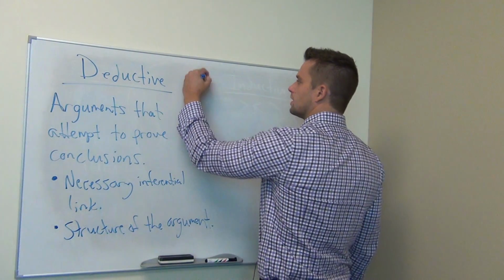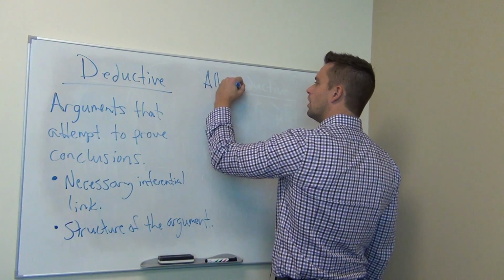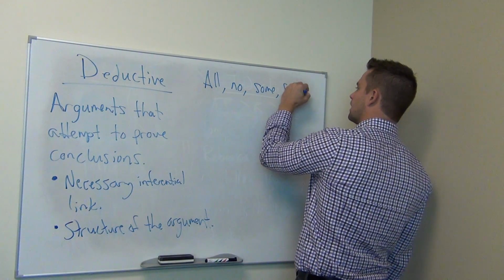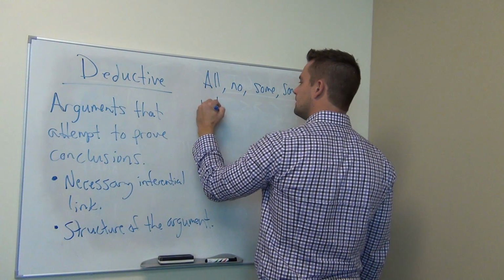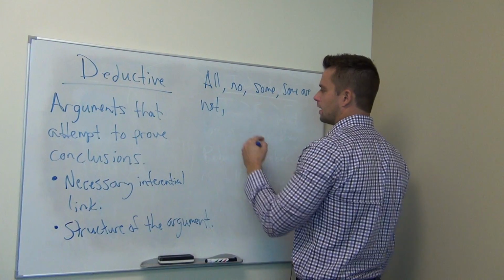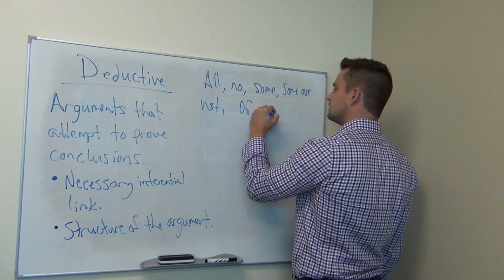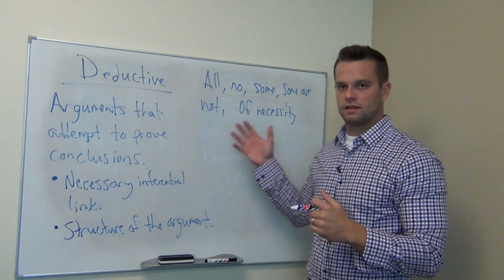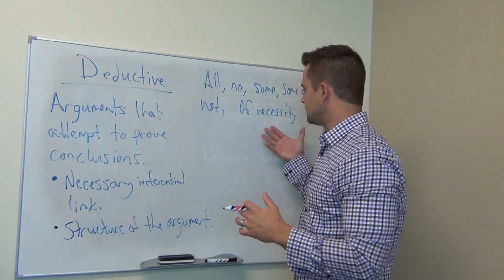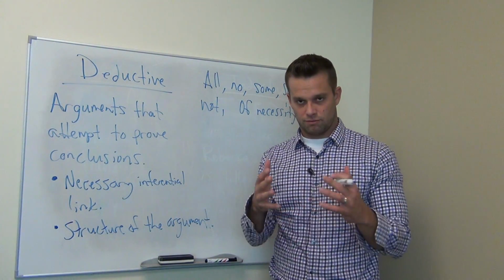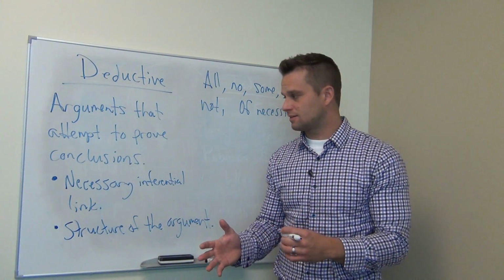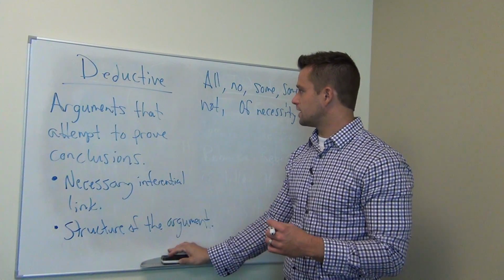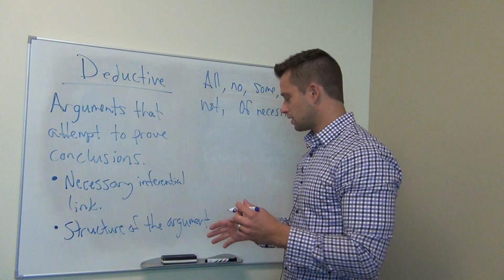And if you see words like all, no, some, are not, of necessity, it follows of necessity that, you can begin to think in the realm of deduction, although that's not always the case. So if you see these words, it's a good indication that you might be dealing with a deductive argument.